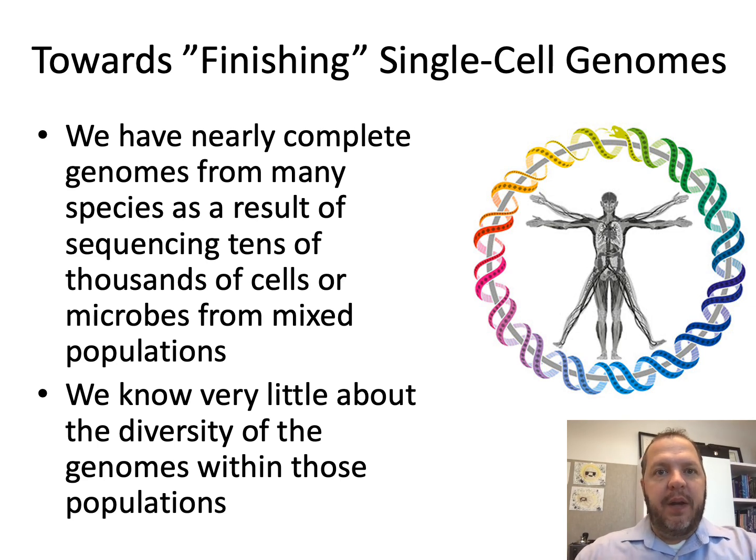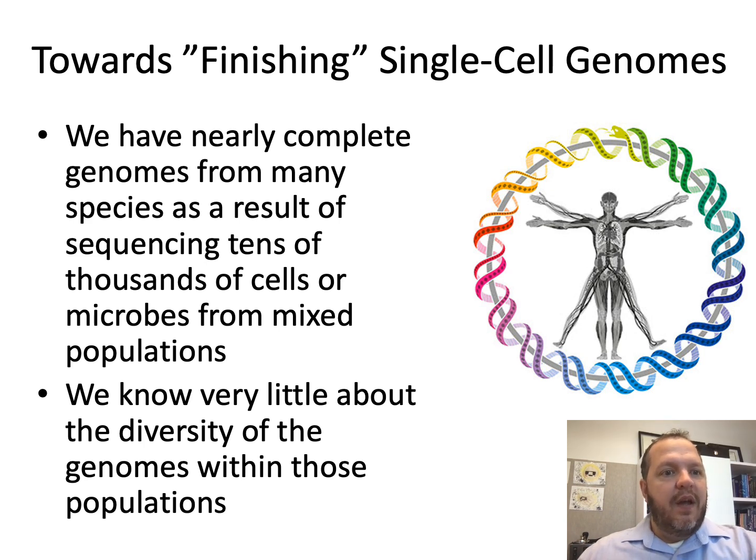So I thought I'd start out by providing a little bit of context for our work. As this conference is about finishing genomes, and as all of you know, over the last 20 or so years, we've been able to complete a number of genomes from many species as a result of the advancements in sequencing technologies.